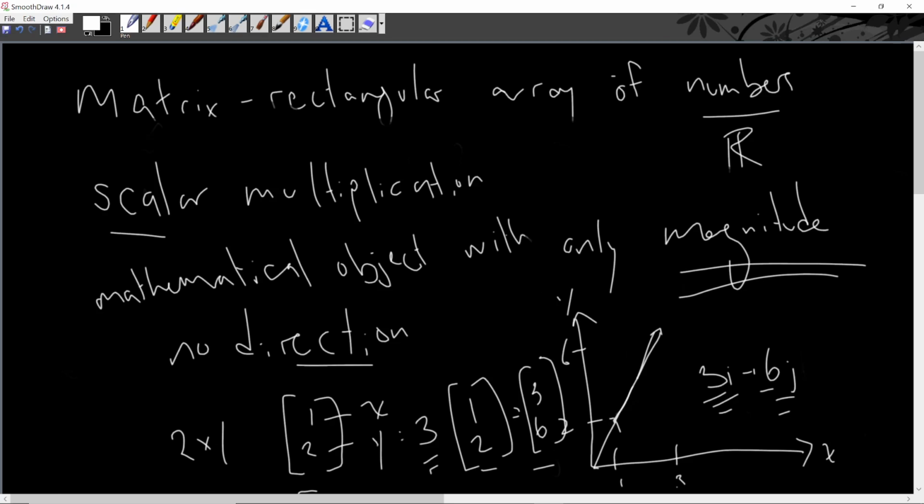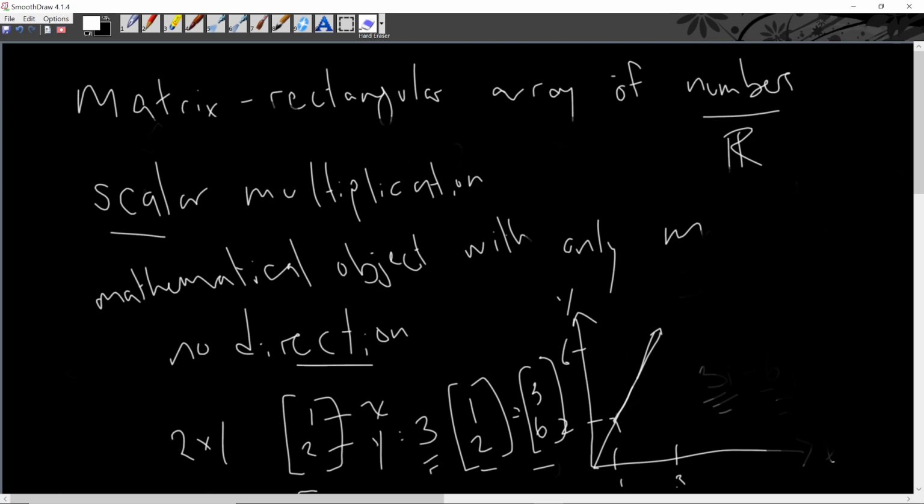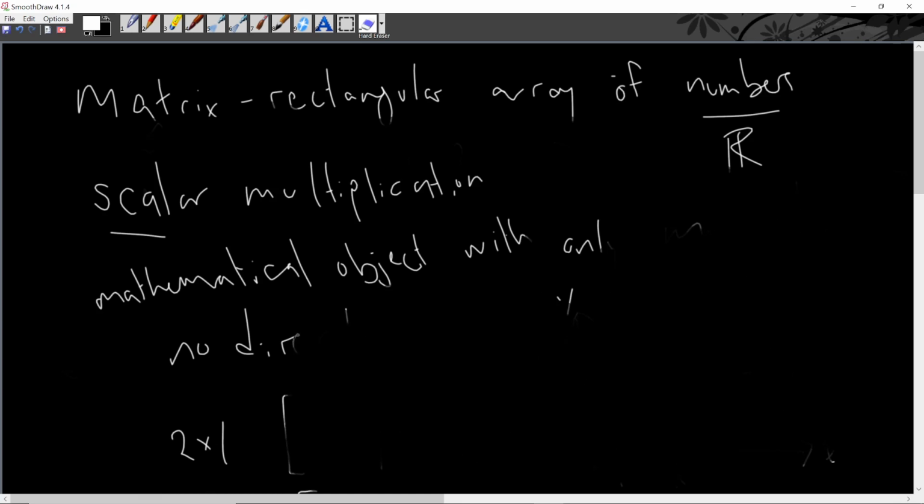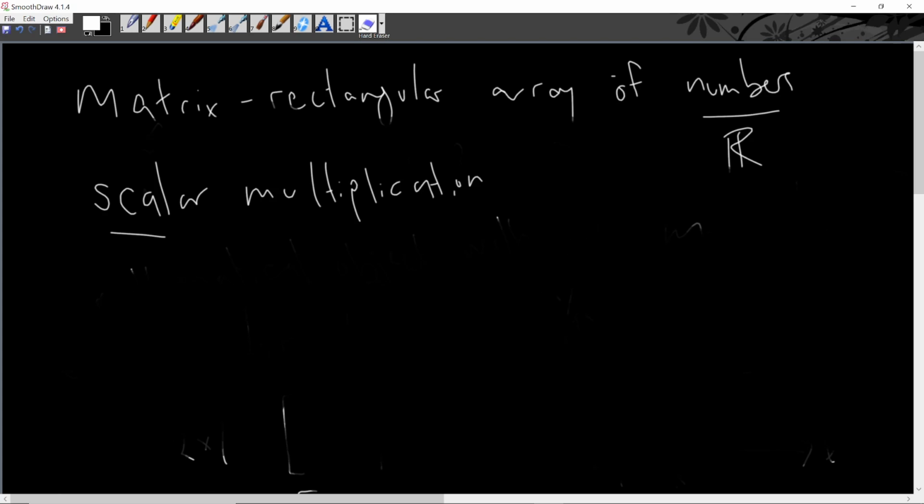So scalar multiplication for matrices is going to be the same way as it is for vectors, because, again, vectors can be represented as matrices. We're going to have scalar multiplication be defined as this. This is only one of the types of multiplication for vectors.